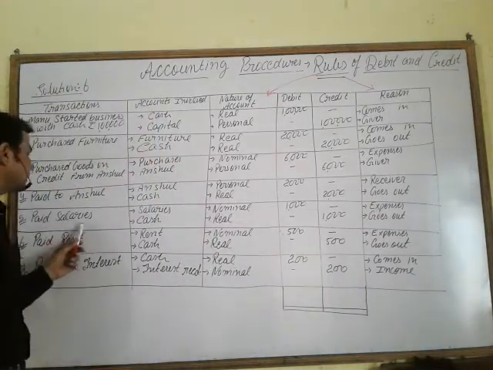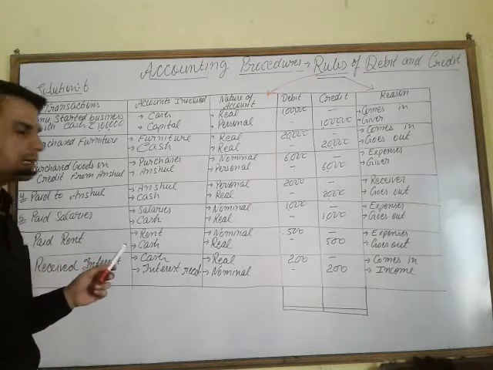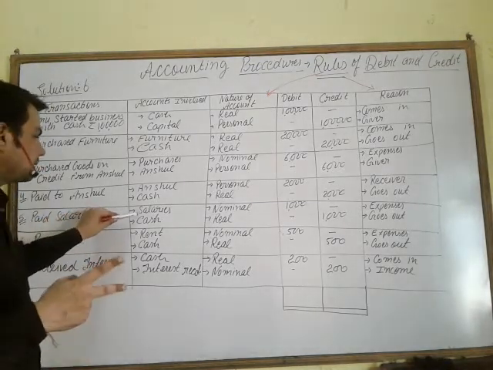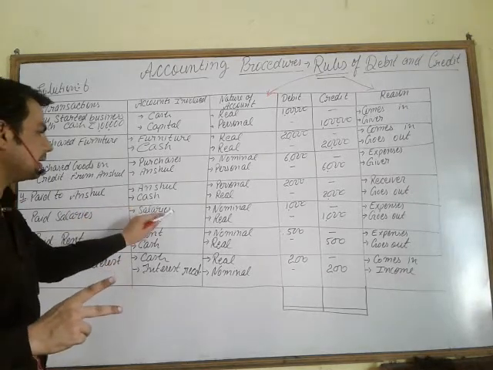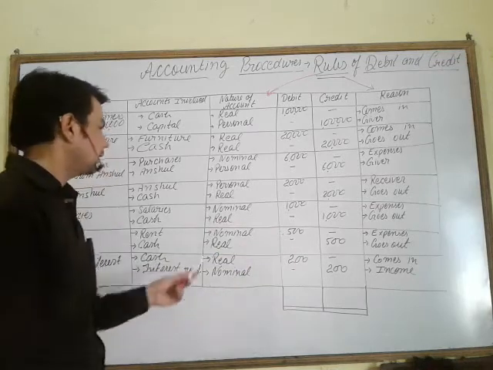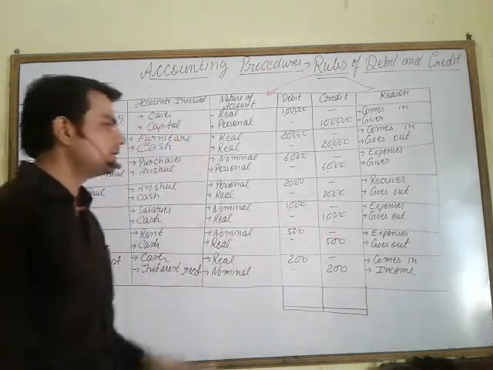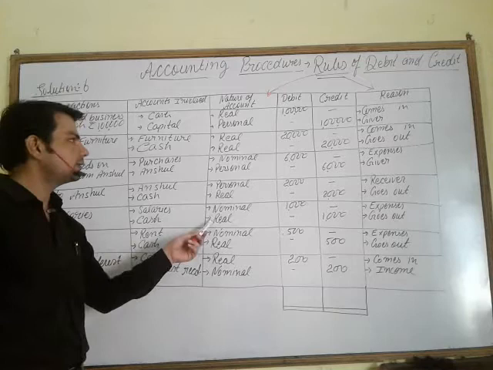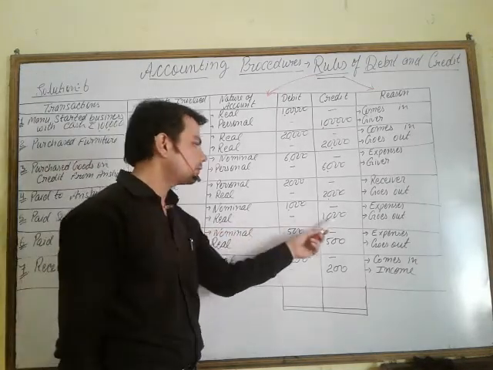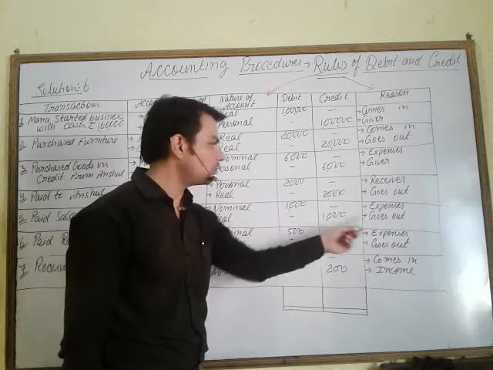Next, paid salaries. When we are paying the salary, this transaction involves two accounts, salaries account and cash account. Salary is a nominal account, so it should be debited. Its nature is expense. Cash is real, nature real. Cash is going, what goes out is credited.